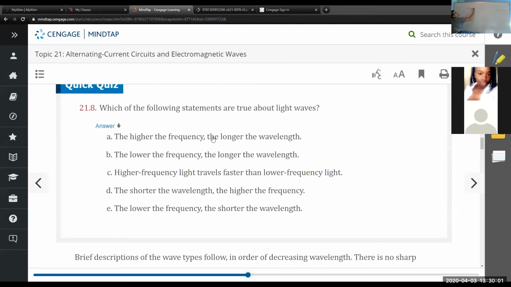Which of the following statements are true about the light waves? So remember, this is all based on c equals f times lambda. So if you have a really big f, what does that mean about lambda?